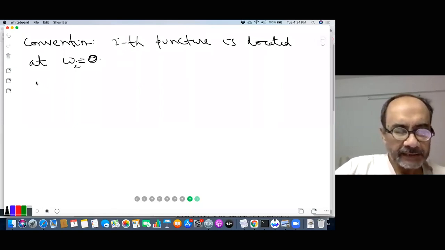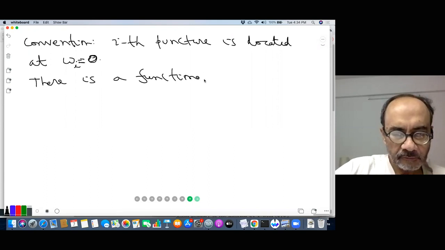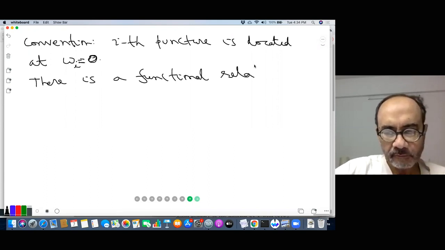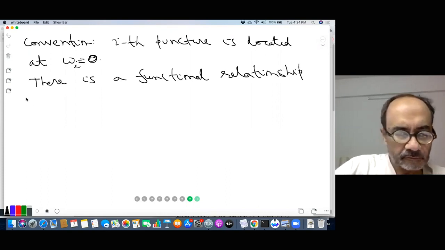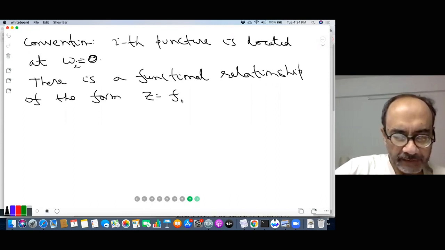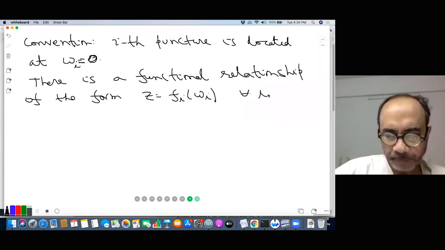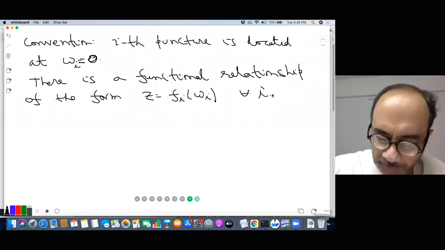And in general, there is a functional relationship of the form z equal to fi of wi for every i. So what am I doing?